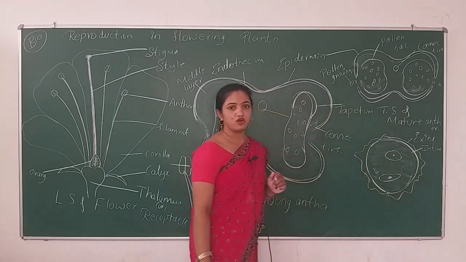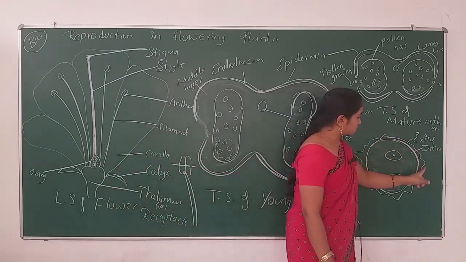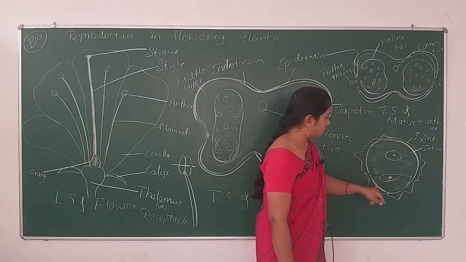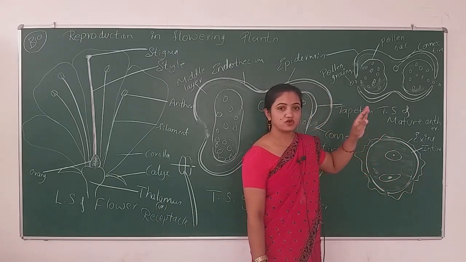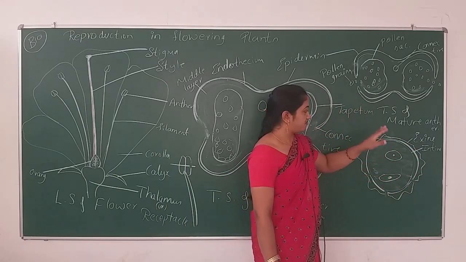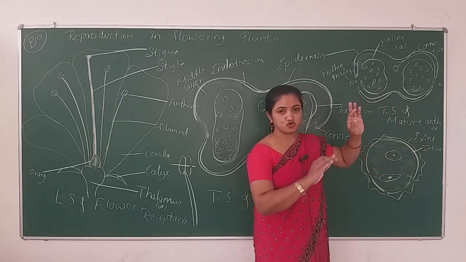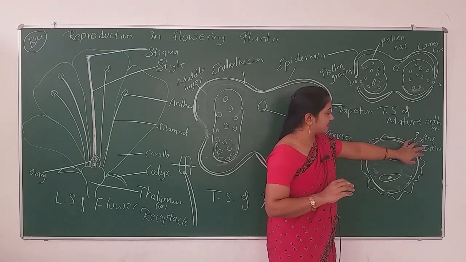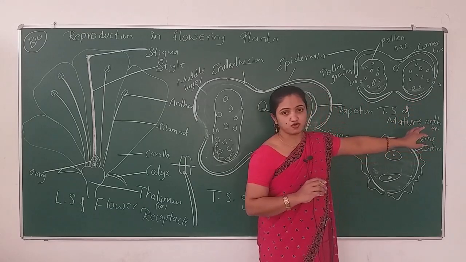Exine is made of sporopollenin. In the outermost layer there are some pores, some holes. Why are they called pores? Because as I told you, in the exine region the organic substance sporopollenin is deposited.